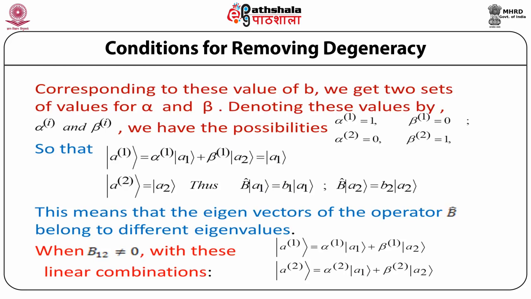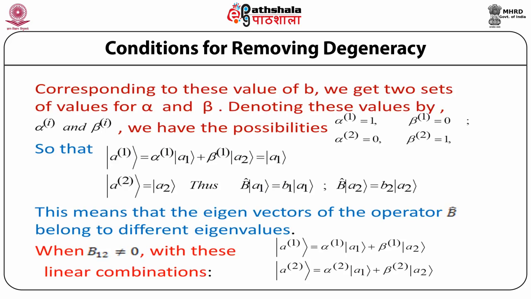Ket vector A2 is equal to ket vector A2. Thus, operator B acting on ket vector A1 is equal to B1 times ket vector A1, and operator B acting on ket vector A2 is equal to B2 times ket vector A2. This means that the eigenvectors of the operator B belong to different eigenvalues.